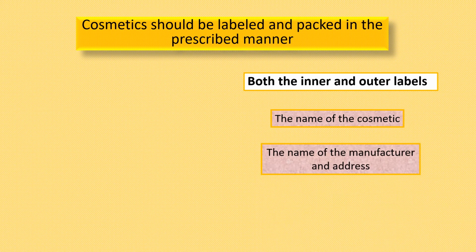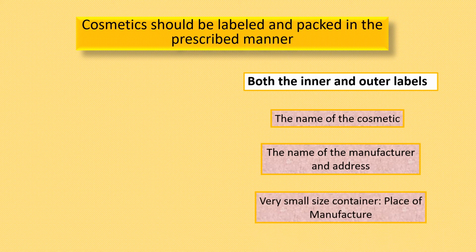Then the name of the manufacturer and the address of the manufacturer of that particular cosmetic. If there is a very small container, the manufacturer should only mention the place of manufacture.